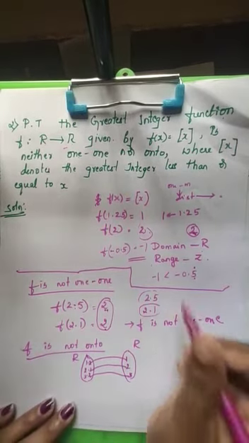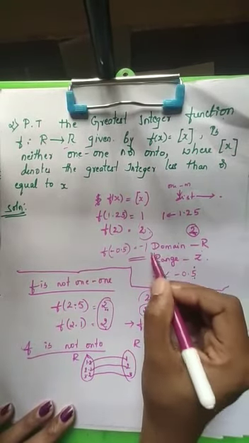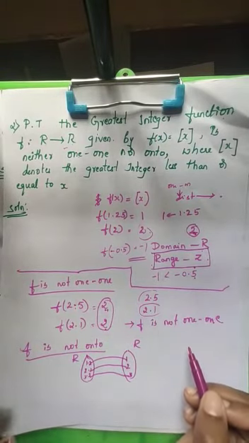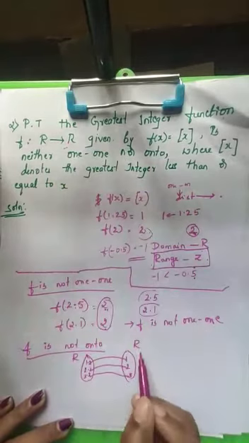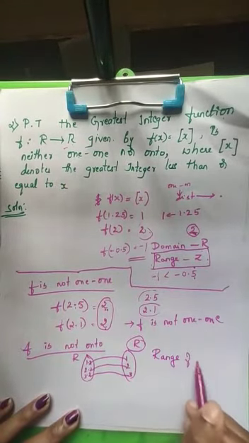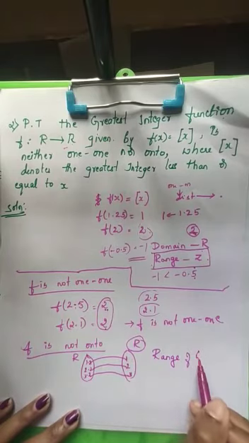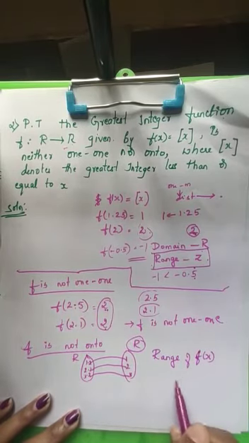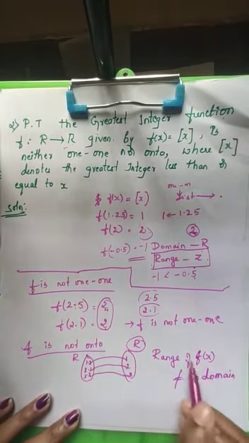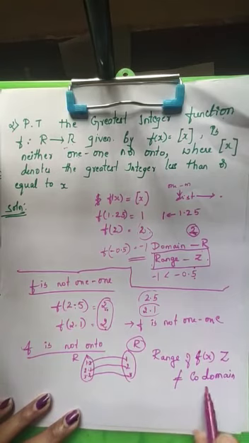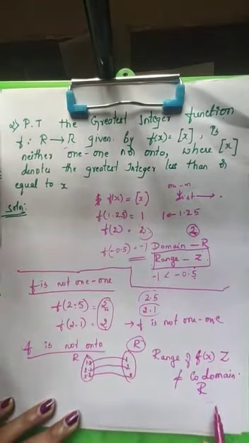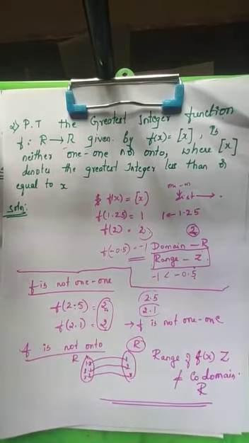Or else you can say that, since we know the range of the greatest integer function is always the integers and our codomain is the real numbers, the range of f of x, which is Z, is not equal to the codomain, which is R. Therefore the given function is not onto.